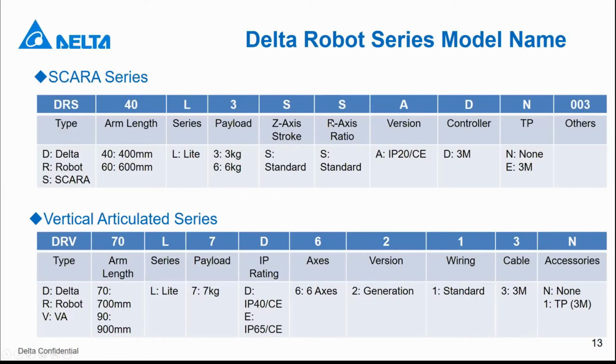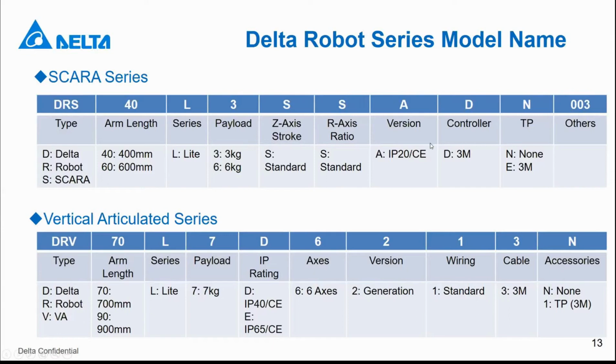And next is the R-axis gearbox ratio. We also have a standard and an optional gearbox ratio, because in some applications, if you need higher torque on joint 4, then you can select the higher torque, or higher gear ratio, version of the R-axis.